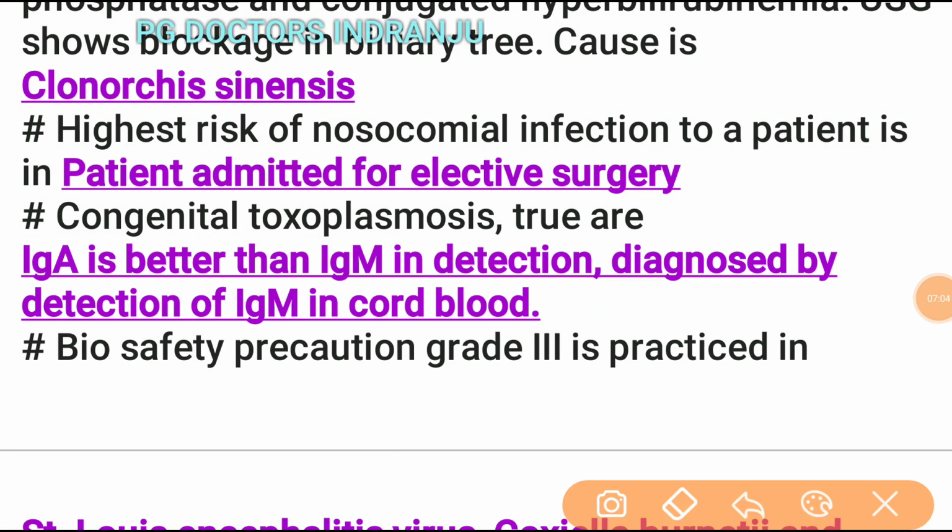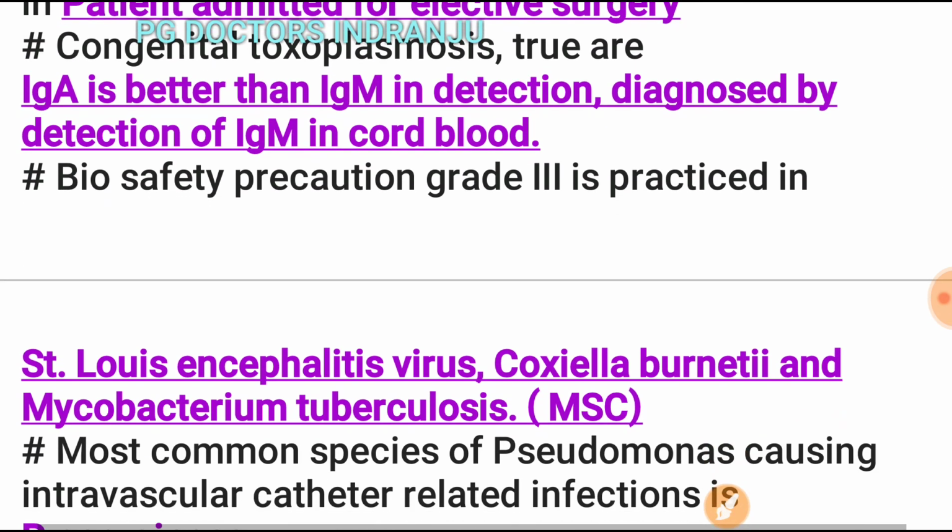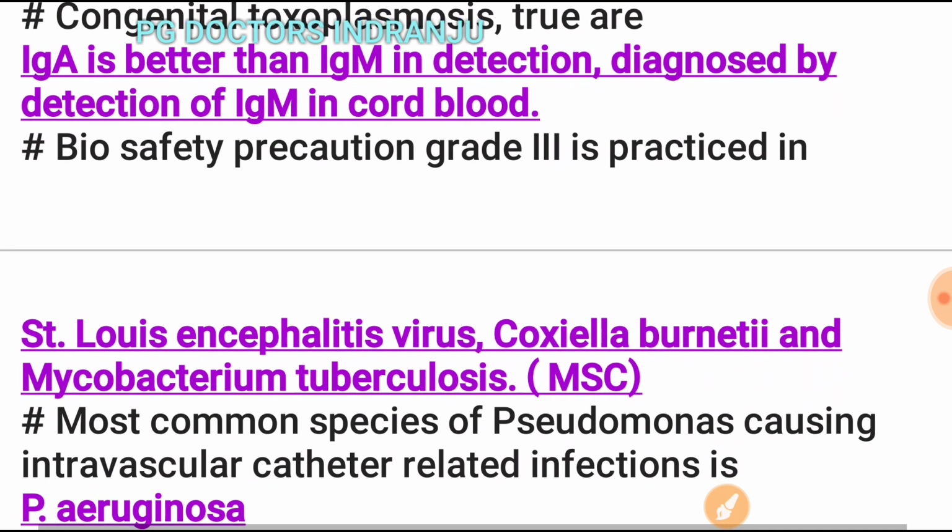Congenital toxoplasmosis: IgA is better than IgM in detection, and diagnosis is by detection of IgM in the cord blood. These are features of toxoplasmosis.